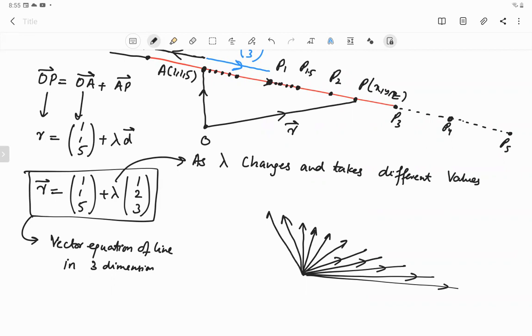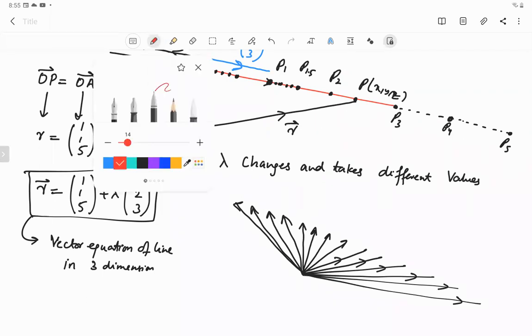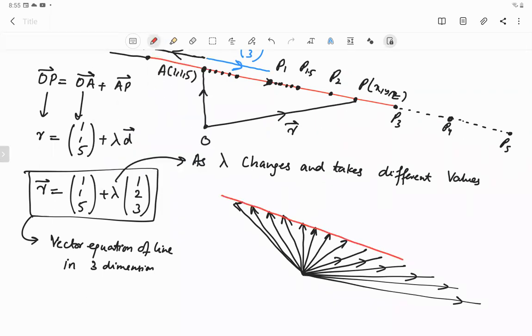When lambda is decreased, moving into negative values, R moves towards the left. And when lambda increases in positive, R moves towards the right and traces out a line. When we join all these heads of the R, we get that black line. So in this way, we can imagine a vector equation in 3 dimensions.